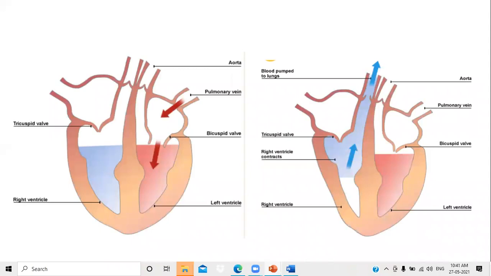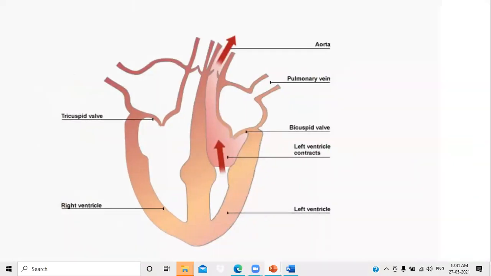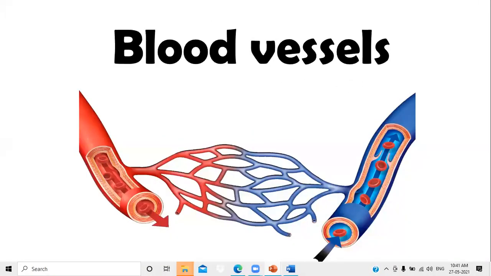So we talked about the parts of the heart. We talked about the trip of the blood in your heart and out of your heart. Now we are going to talk about the roads that connect all of these things together. You can imagine that inside your body you have traffic going on, okay?